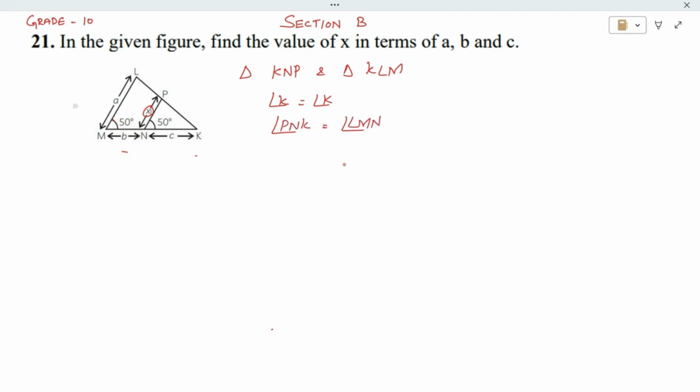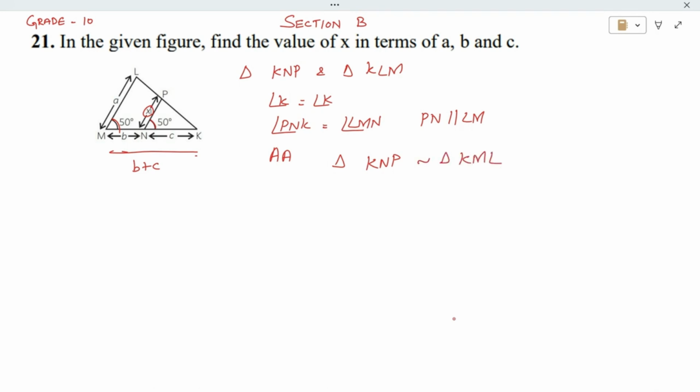If the corresponding angles are equal, I can specify PN is parallel to LM, isn't it? So I'm just filtering all the criteria from the given figure. As per the angle criteria, I can say triangle KNP is similar to triangle KML.